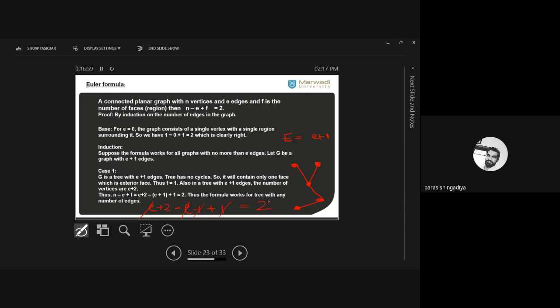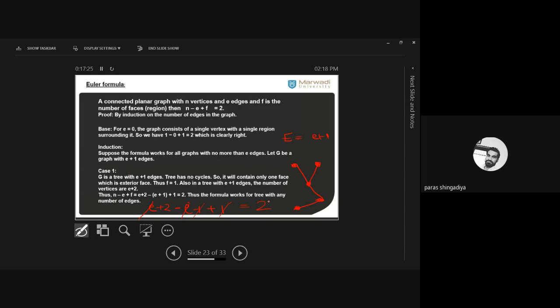This result is correct for all such trees which involve e plus 1 edges. Is it clear? That is case 1. We considered one connected graph which is a tree, and this result is correct for all such trees which involve e plus 1 edges.